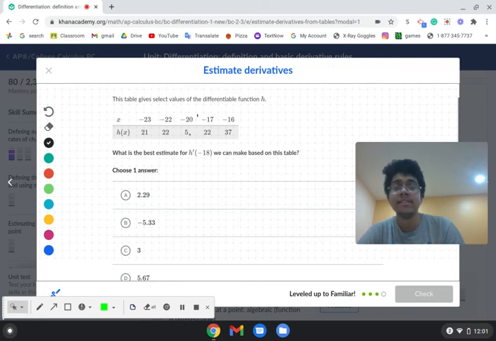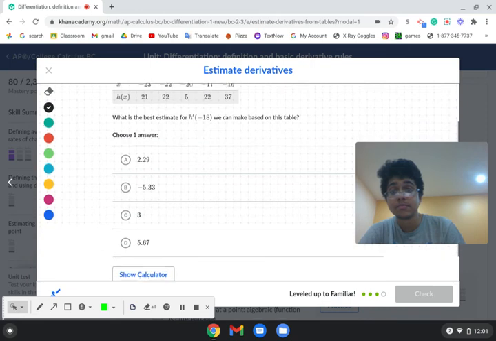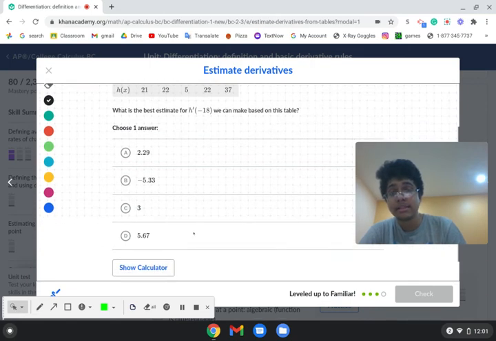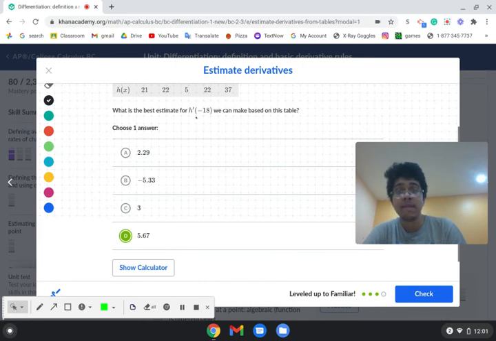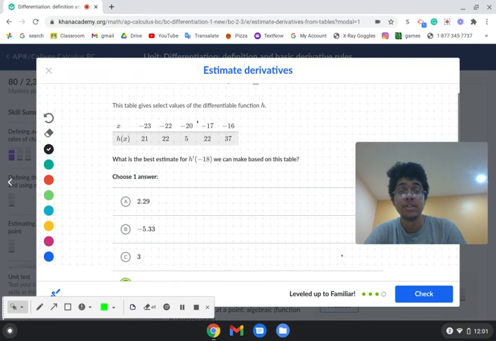So 22 minus 5 is 17. 17 all over negative 17 minus negative 20, which is 3. 17 all over 3, and that is approximately 5.67. So that's the best estimate of h prime of negative 18 we can make based on this table.